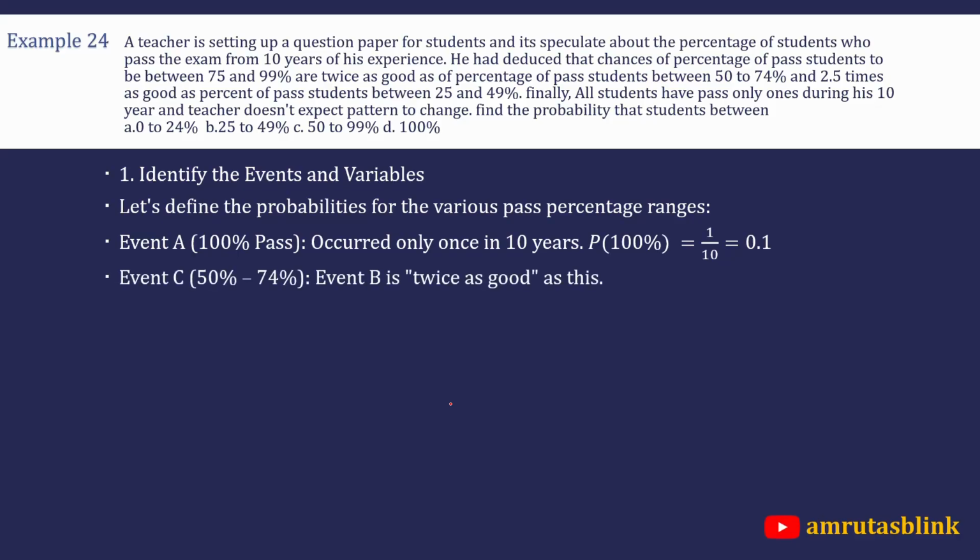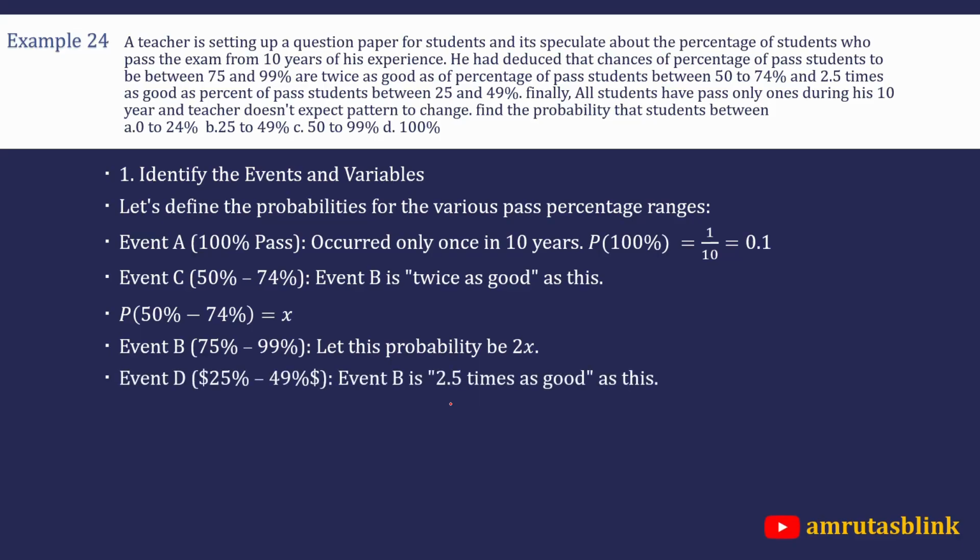Now let's say we have an event C where the passing percentage is 50% to 74%, and event B is twice as good as this. That's why if we assume the probability of 50 to 74% is x, then for event B, that is 75 to 99%, the probability should be 2x.